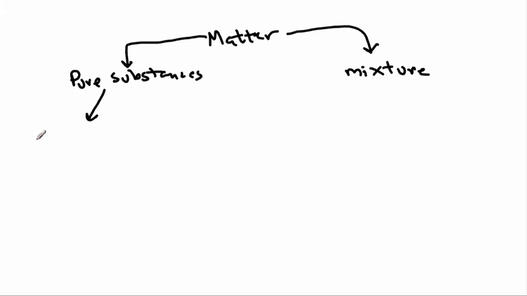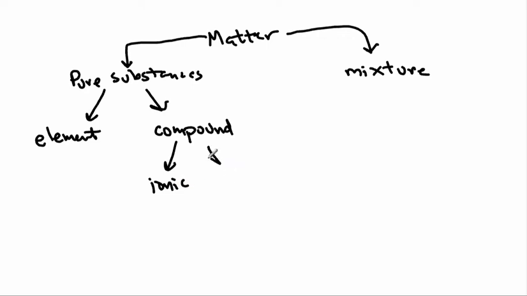If it's only made of one type of atom, that's called an element. And if it's more than one element chemically bonded together, and that's the key part there, chemically bonded together, then we call that a compound. And within this realm of compounds, we have ionic compounds and covalent compounds.